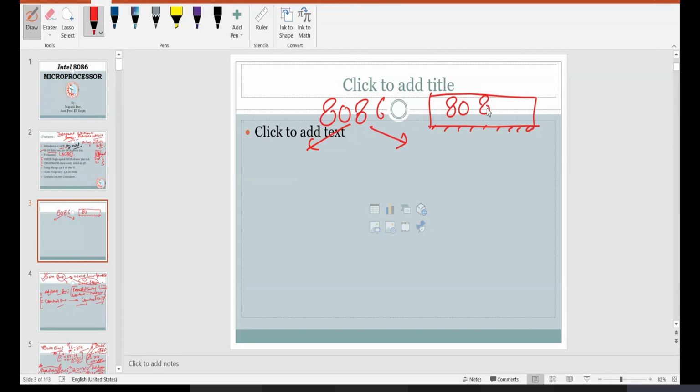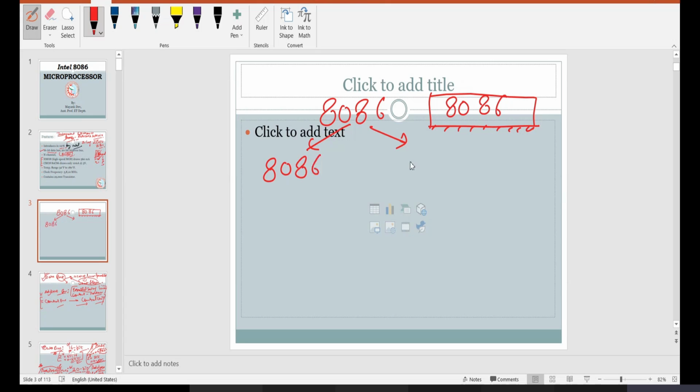There are numbers written onto the IC, and there is a pattern to identify many things from the top, which I'll tell you in the laboratory.